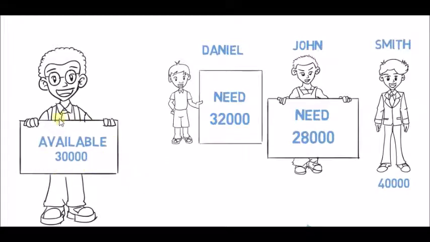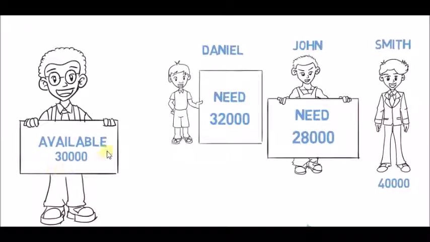So let's calculate the available money again. The previous available money is 2,000 rupees, then Smith returns 40,000 rupees, so 40,000 plus 2,000 is 42,000 rupees, plus the installment cost of 8,000 rupees. So now we have 50,000 rupees available with us.